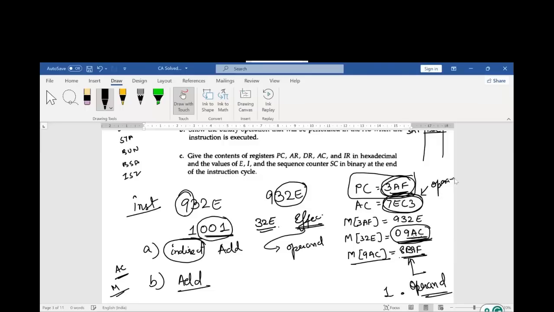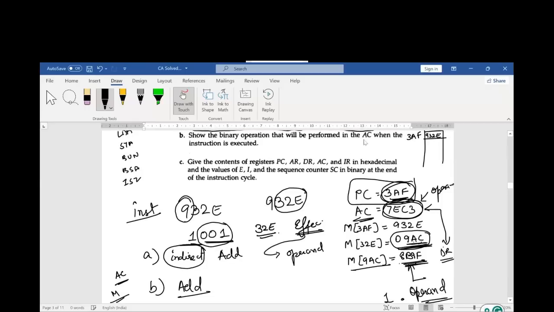For performing addition, we need the accumulator and the memory word. During the add operation, this memory word is transferred to DR and then you perform addition of DR and AC. But we are not asked how the operation is executed. We are just asked to tell the content of AC after this instruction is executed.